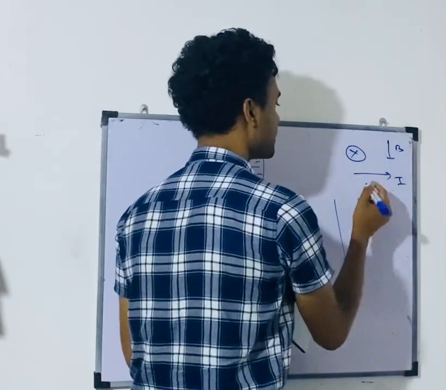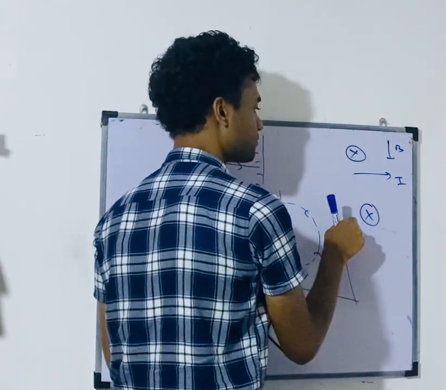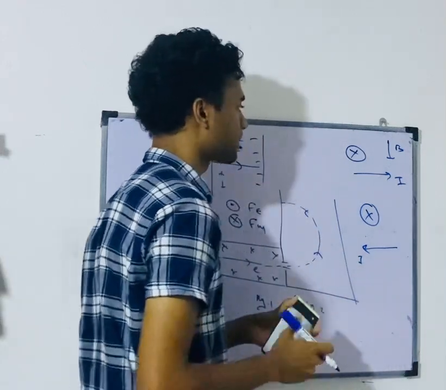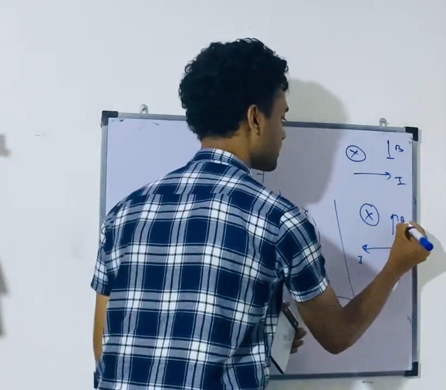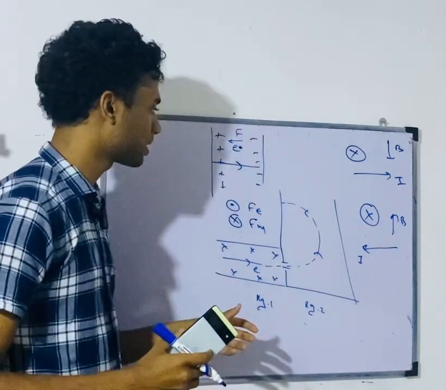Downwards, B. Now, if I reverse the direction of the current, what's going to happen? Same force, but I'm going to reverse the direction of the current. Then the magnetic field exists upwards, right? Now see, same logic can be applied here.